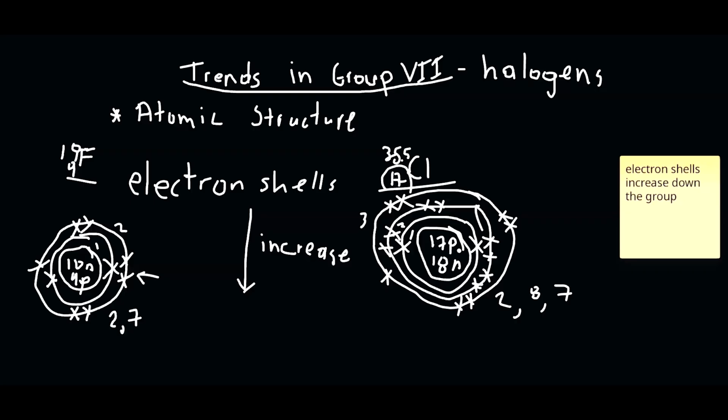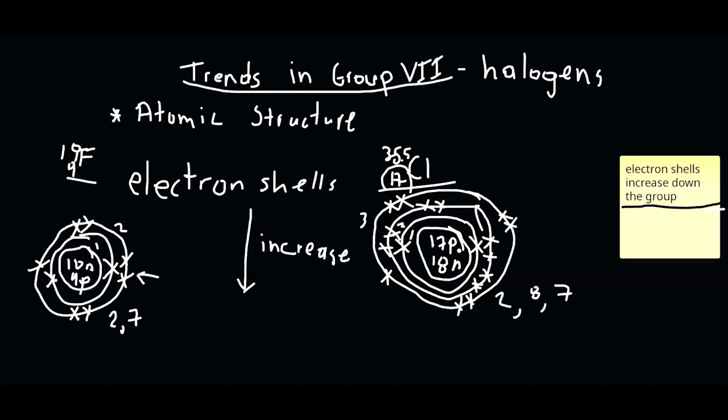So that's the first trend. Electron shells increase down the group. Now the next thing we need to look at: we already deduced that they're placed in groups based on the amount of electrons present on the outer shell.